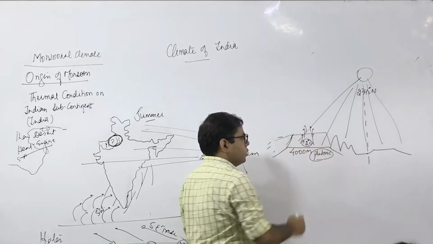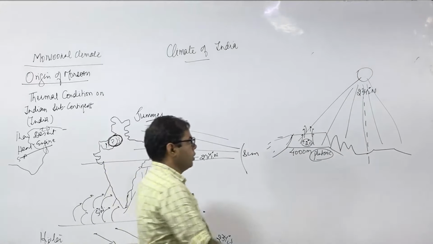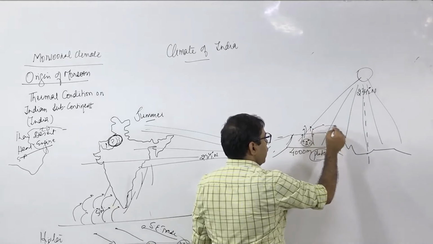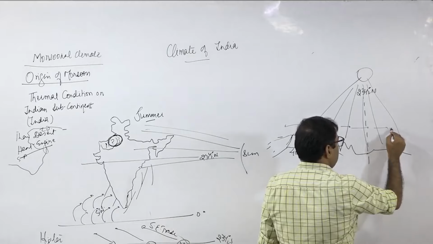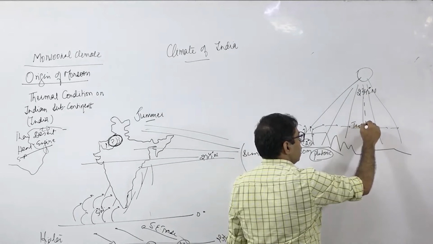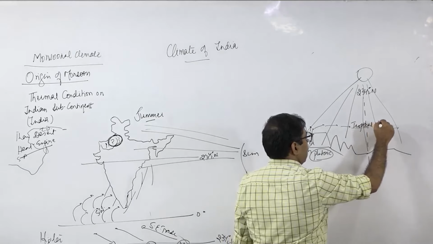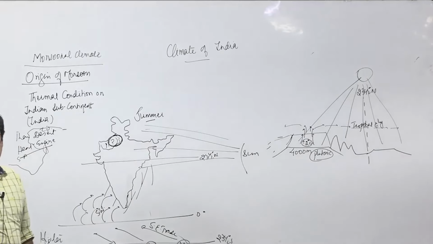This convection is rising air in the atmosphere. So what will happen here? There will be divergence. This divergence of the wind goes over the Himalayas. This is called tropical easterlies. Right? Tropical easterlies.